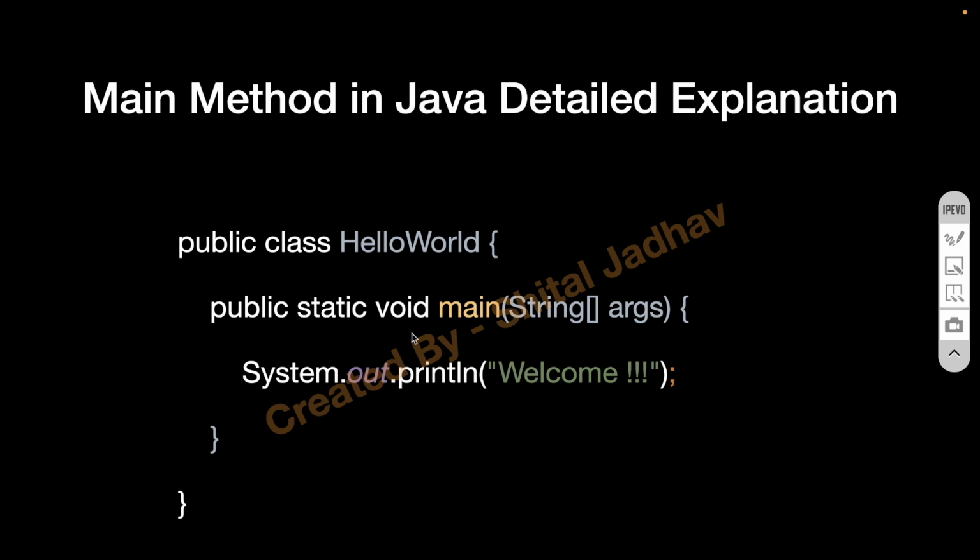Program execution will start from the main method, so the main method is very important. If you don't have the main method, then you will not be able to execute that file. So this is the importance of the main method.